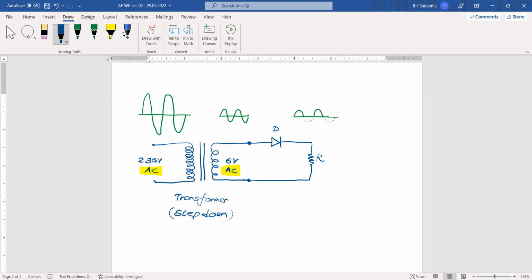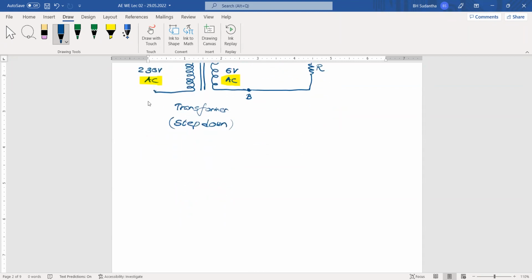Then when you consider these two input points, this is point A and this is point B, and here we have given AC voltage input.